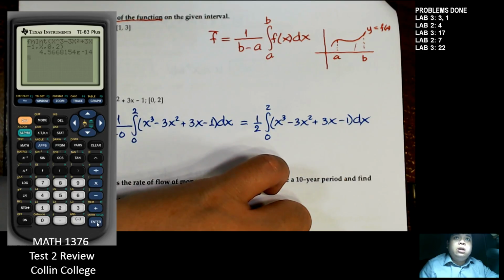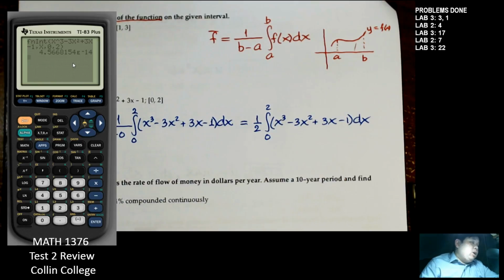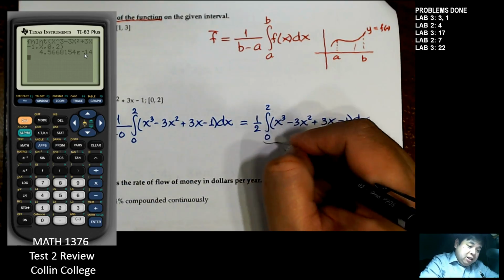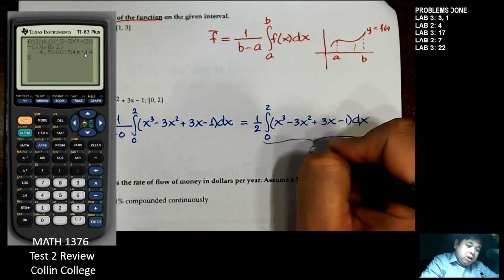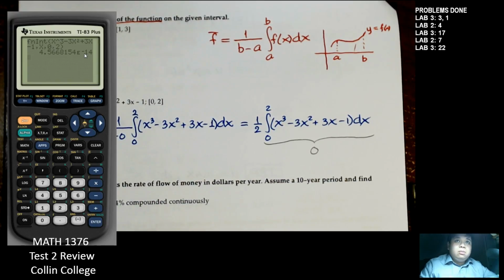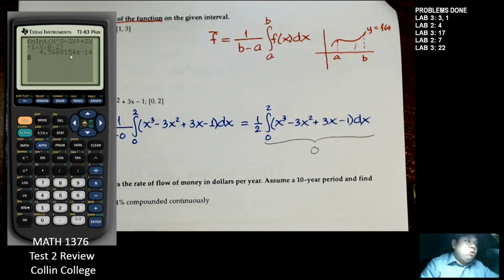If you use a calculator, you have this number. By the way, that is e to the negative 14, meaning times 10 to the negative 14, which is an extremely small number. In fact, that is just a calculator error, so it should be equal to 0, because this number is too small.